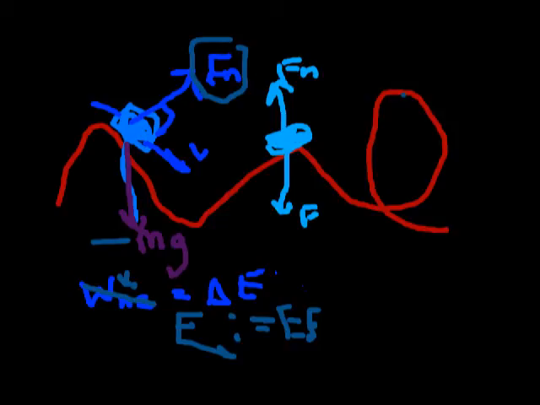And so let's analyze the block at this position. At this position, the normal force points down. The gravitational force points down. And this object is going around in a circle.